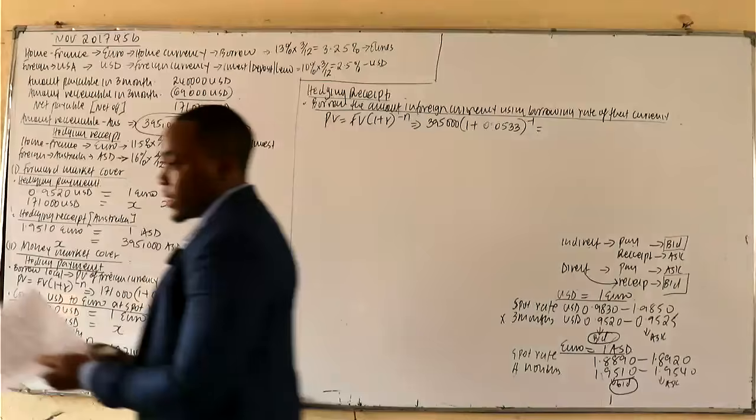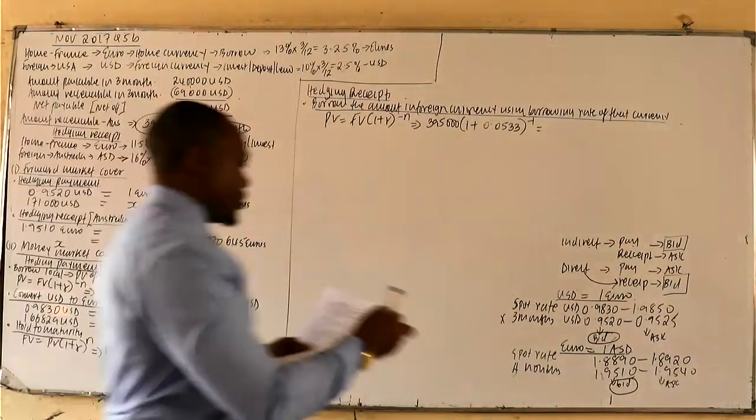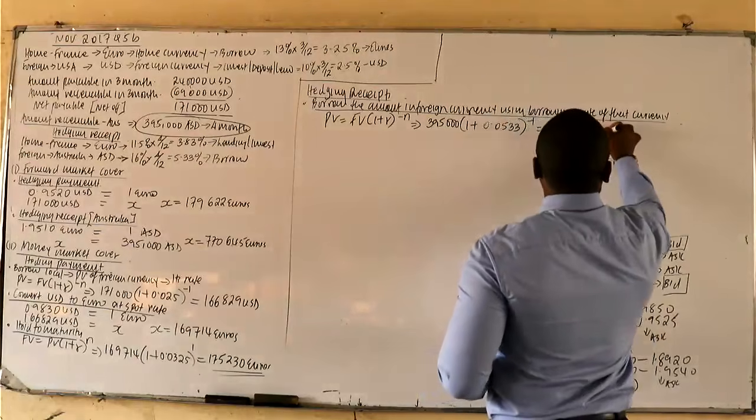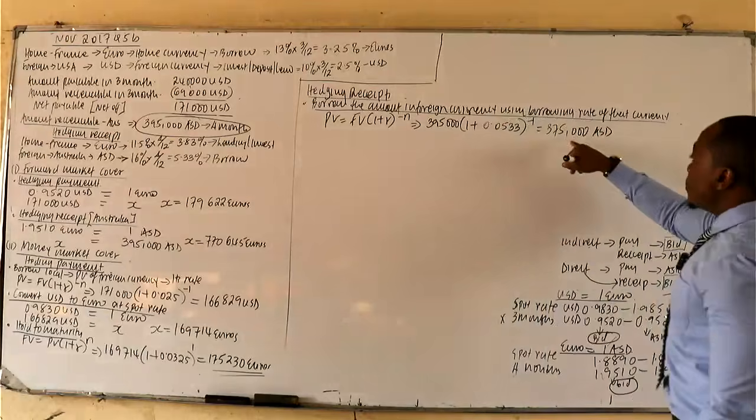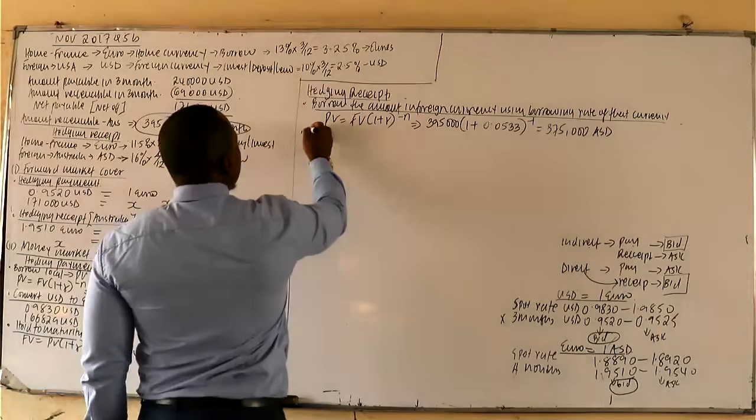So how much is that? You are getting an amount of 375,000 Australian dollars. So if you are to borrow now, the amount you need to borrow is 375,000. That's its present value.